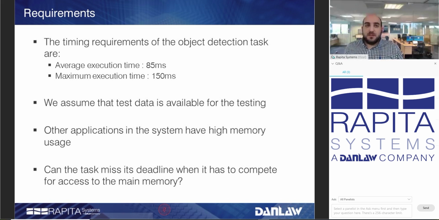We also assume that we have test data available for testing, and that test data is of good quality. So that's another important aspect that one needs to consider. Also, we have some prior knowledge that other applications in the system may have high memory usage. So the question that we'll try to assess is whether our task can miss its deadline when it has to compete for access to the main memory.